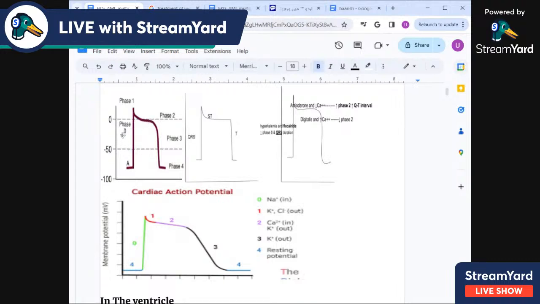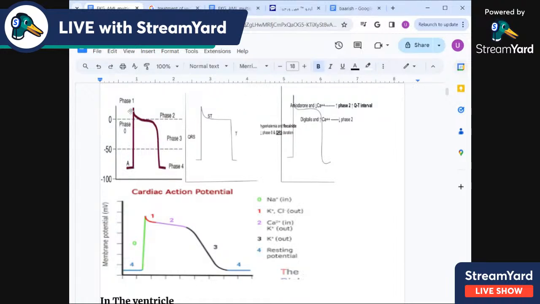So, the QRS plus ST is total ventricular depolarization and repolarization, that is the total QT interval, which is 0.45 seconds.